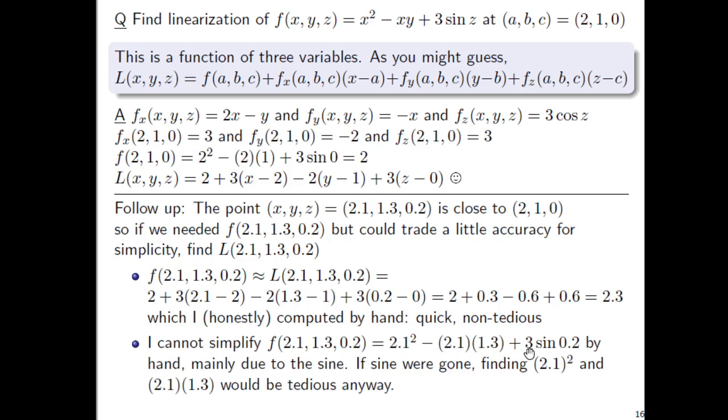However, think about if you wanted the actual value, f of 2.1 comma 1.3 comma 0.2. So that's 2.1 quantity squared. I can do that by hand, although it's a little annoying. Minus 2.1 times 1.3. I could certainly do that by hand, though it's a little bit of work, but not too bad. The last part's really the issue. Plus 3 times sine of 0.2. What am I supposed to do? I mean, how am I supposed to do sine of 0.2 radians by hand?